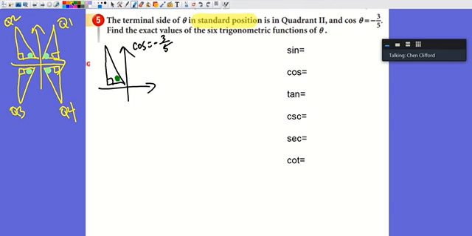I literally just copied this right there. Now cosine, remember, it's going to be adjacent. Cosine is adjacent over hypotenuse.